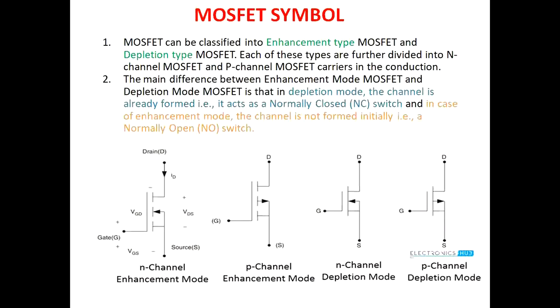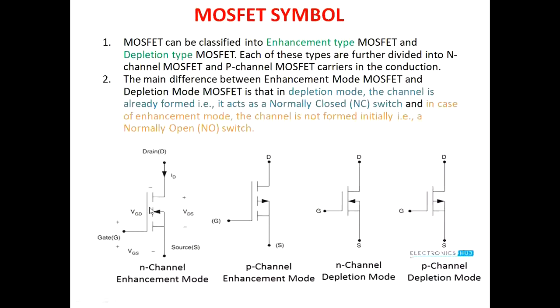The channel is created in between the source and drain after you provide positive voltage at the gate terminal. You need to understand it very carefully: the channel will be created after the voltage reaches a particular level, above the threshold level.